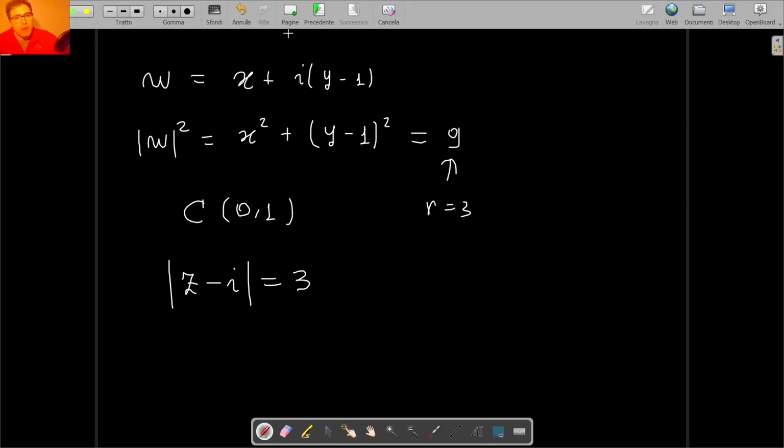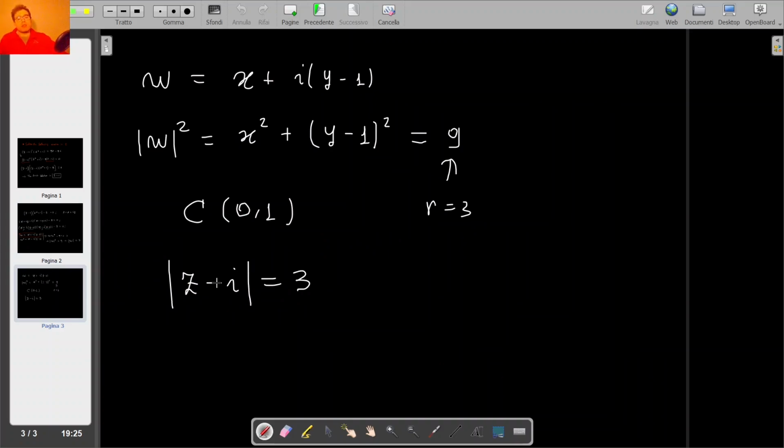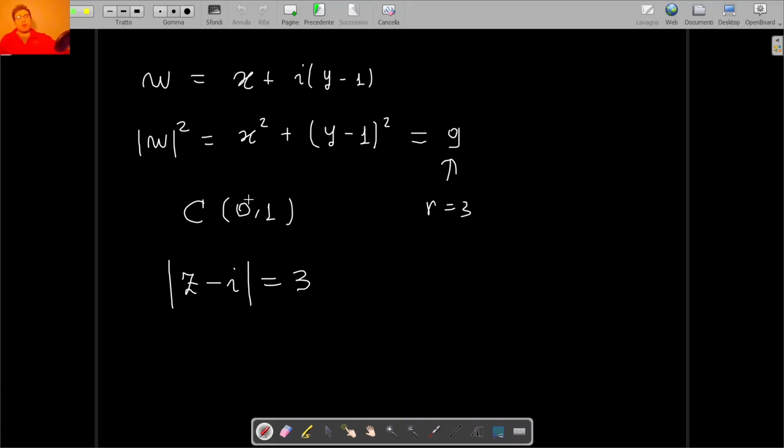In this expression we have written all the solutions that we have also written here, recalling that w is x plus i times (y minus 1). Here z is the general complex number in C. So we can write out all our solutions.